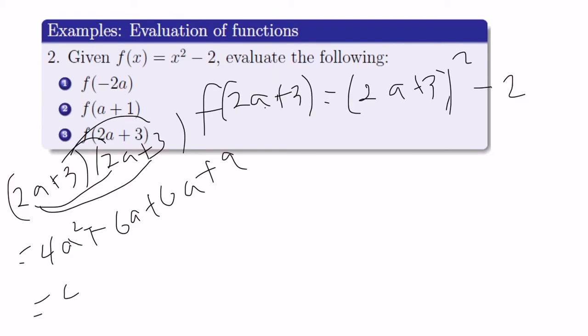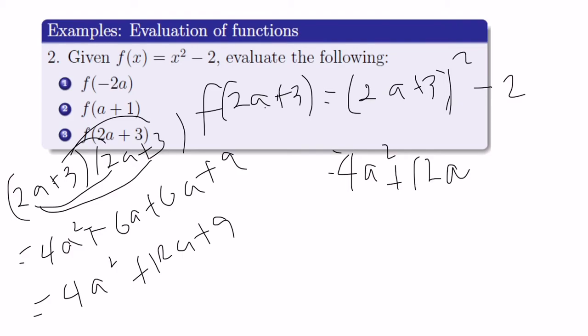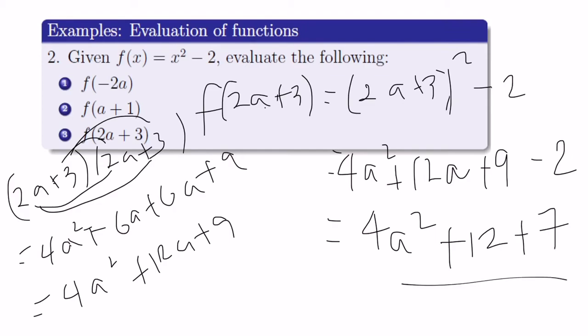So we have 4a squared plus 12a plus 9. Then copy minus 2. So this is now 4a squared plus 12a plus 7.